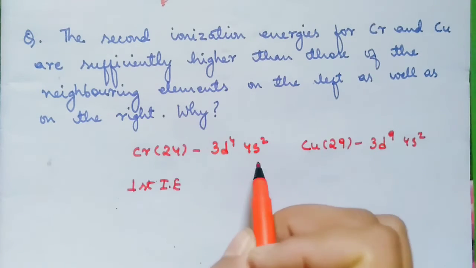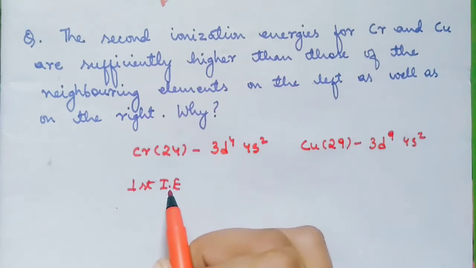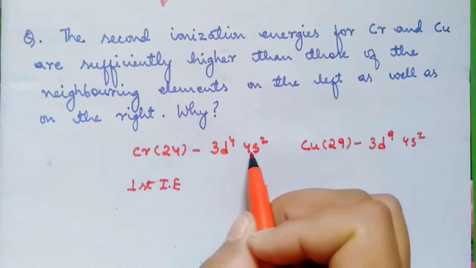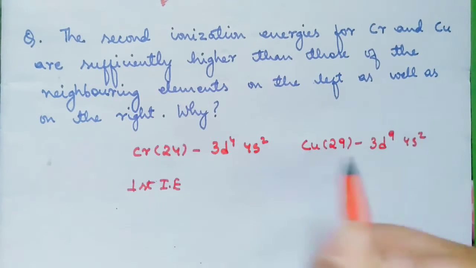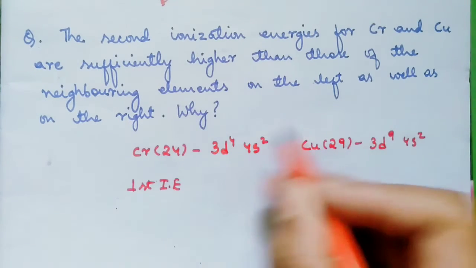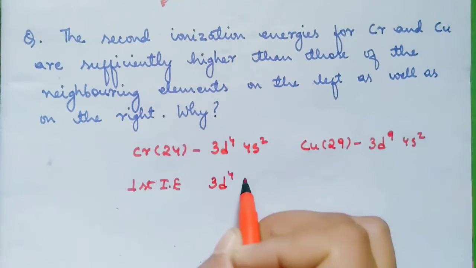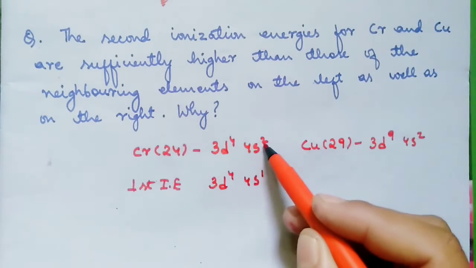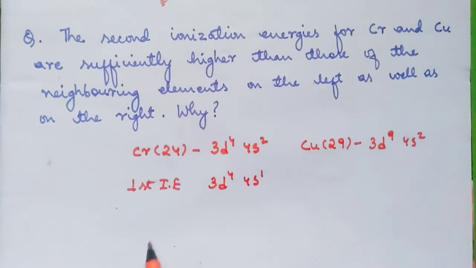The first ionization energy is the first energy that you apply in order to remove one electron from this s orbital. When you apply this energy, you are removing one electron, so now the configuration would look like this, 4s1.